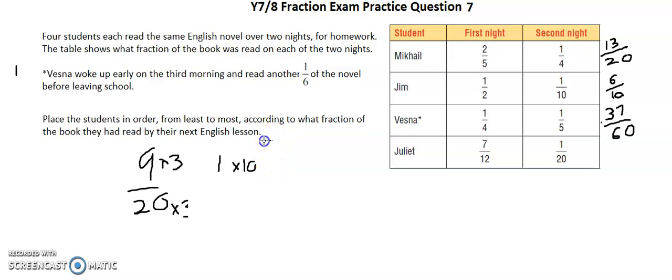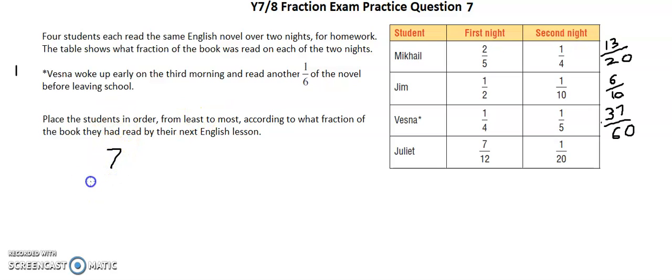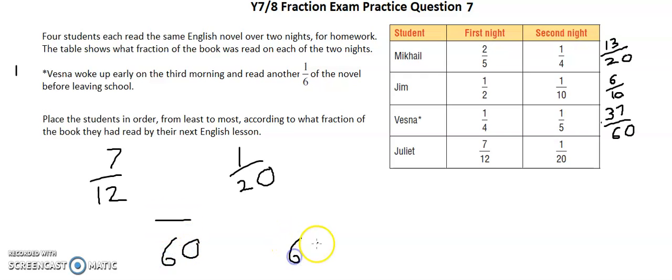Likewise, my next one. Juliet read 7/12 and then 1/20 the second night. So the lowest common multiple of 12 and 20 is 60. To get 12 to 60, I would have times it by 5, which means I need to times my numerator by 5.